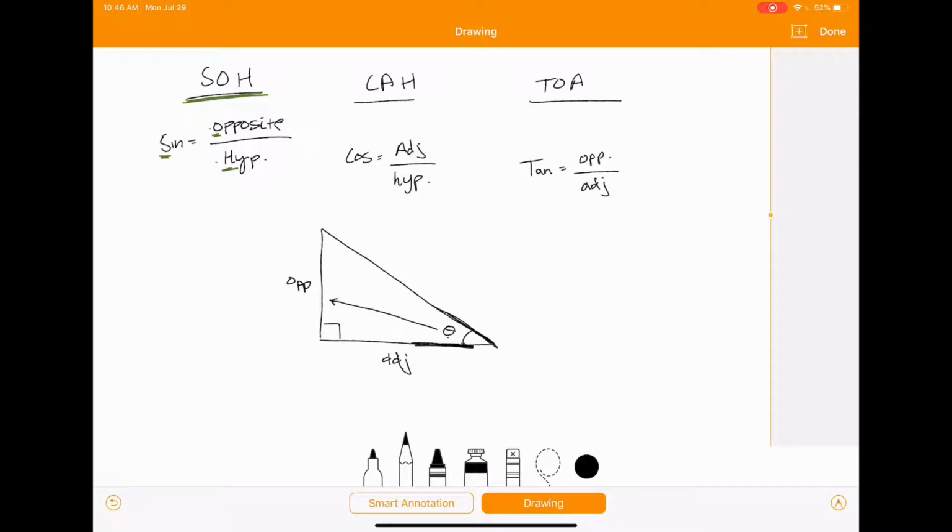And your hypotenuse is this one over here, which connects the two sides that make up the right triangle. Opposite of that 90 degrees is going to be your hypotenuse. And it's as simple as that. You just plug it into your calculator after that.